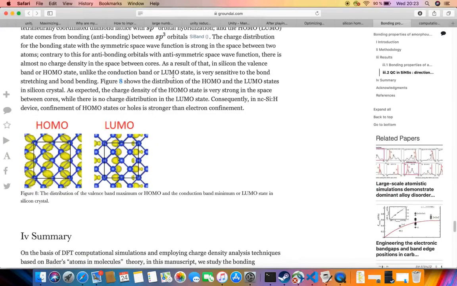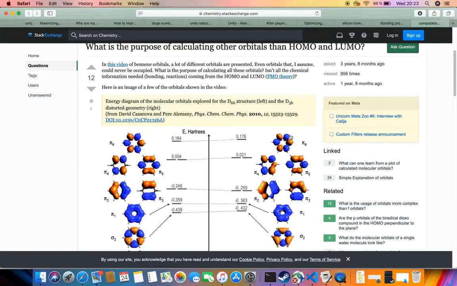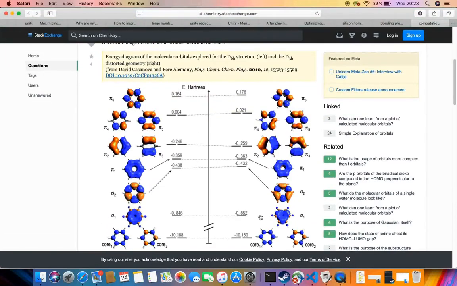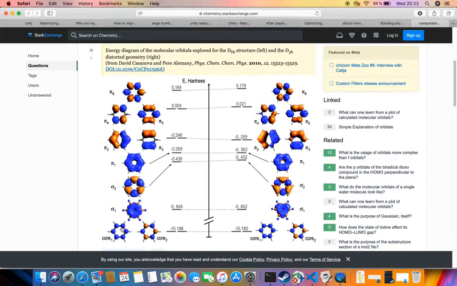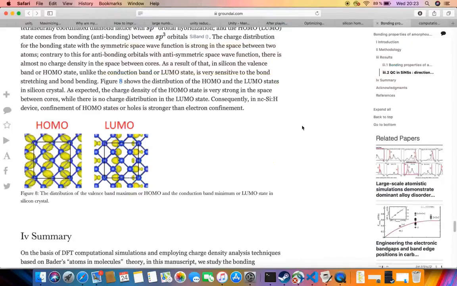Although in research papers such as this one, you might have seen that people usually provide the HOMO and LUMO of either the crystals and even more popularly for the molecules. So in this tutorial, we'll be using Quantum ESPRESSO to get the molecular orbitals for benzene as well as for silicon.